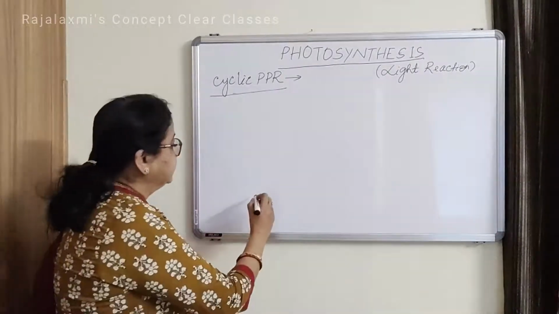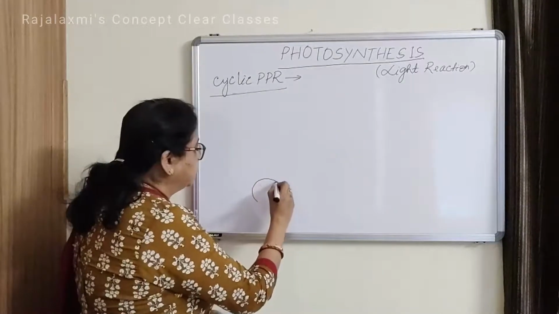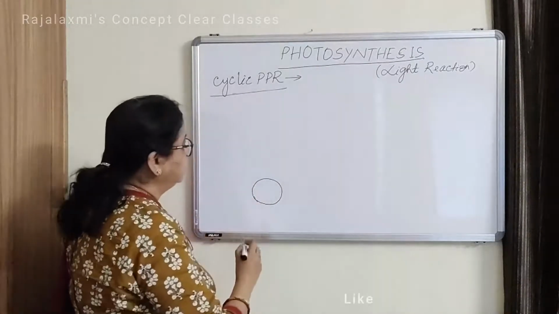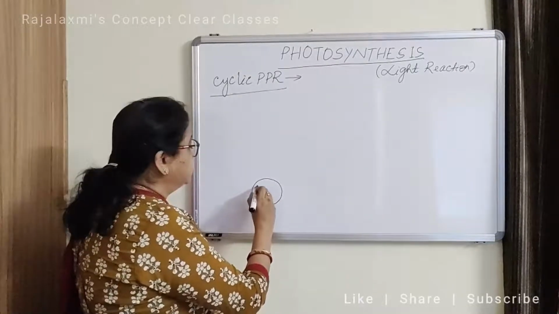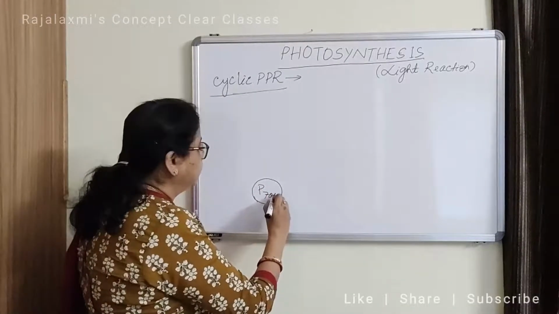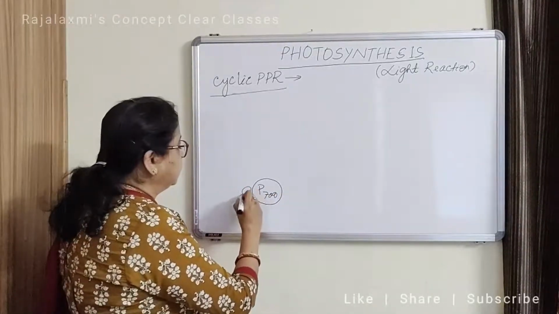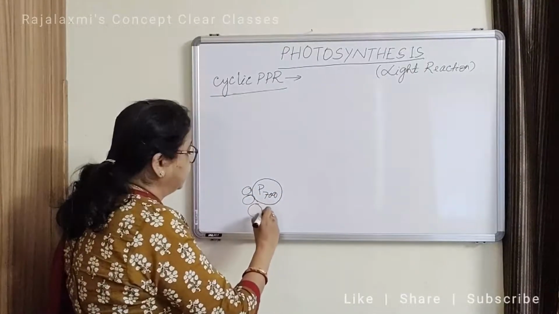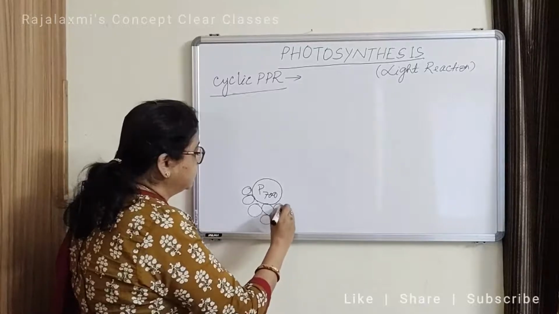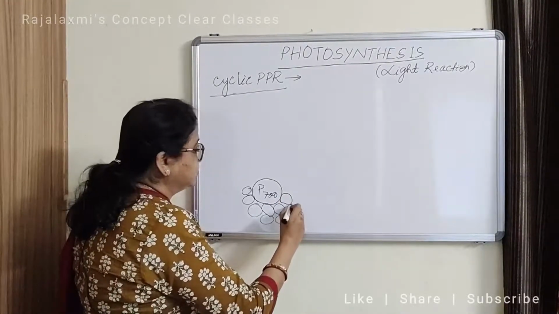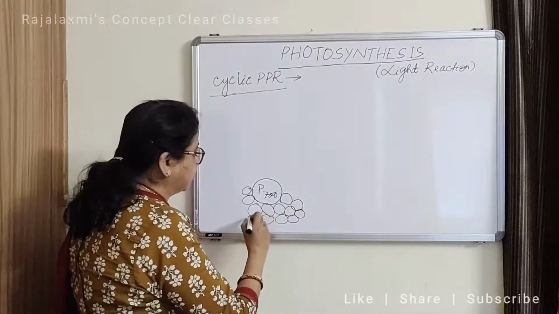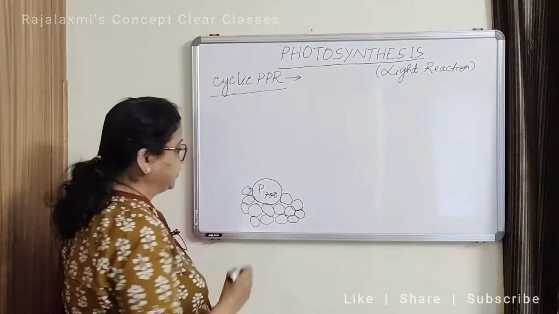First we draw, suppose this is the photosystem 1. The reaction center is P700 and it is surrounded by other pigments which are called antenna pigments or accessory pigments.